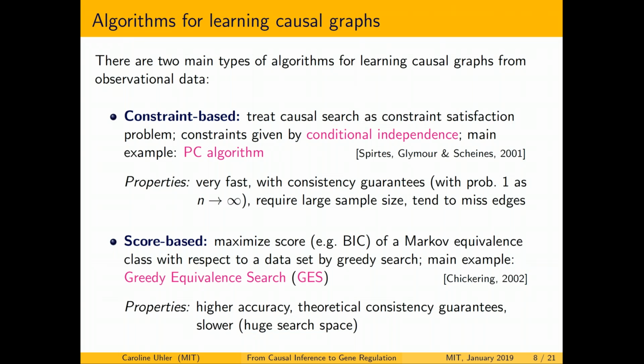The intuition is that with constraint-based approaches, if you get the constraints wrong, the algorithm is going to do very badly. But the constraints are estimated from data, because they are the conditional independence relations that you're using as constraints. So you need a lot of samples to get the constraints right, and then your algorithm is going to do well.